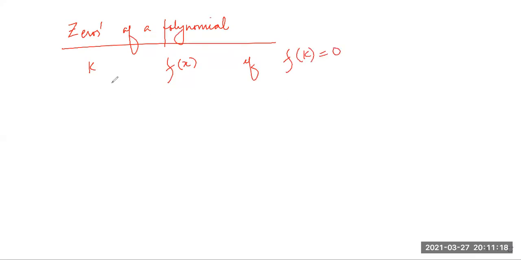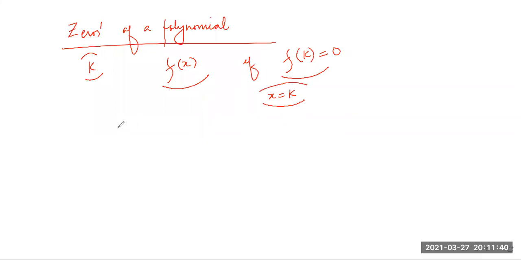What does that mean? This real number k is said to be zero of the polynomial f of x if f of k is equal to 0, means the value of the polynomial at x is equal to k turns out to be 0.